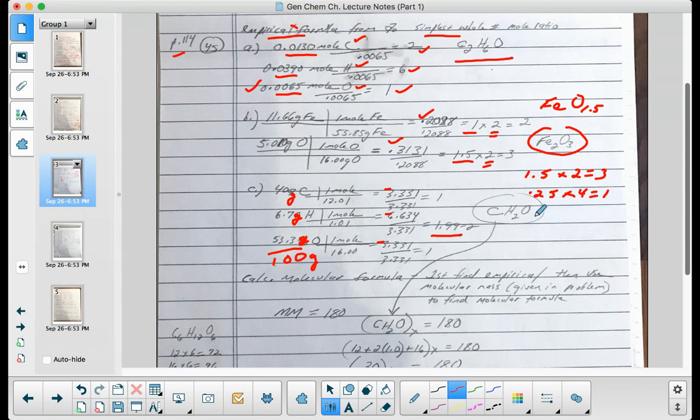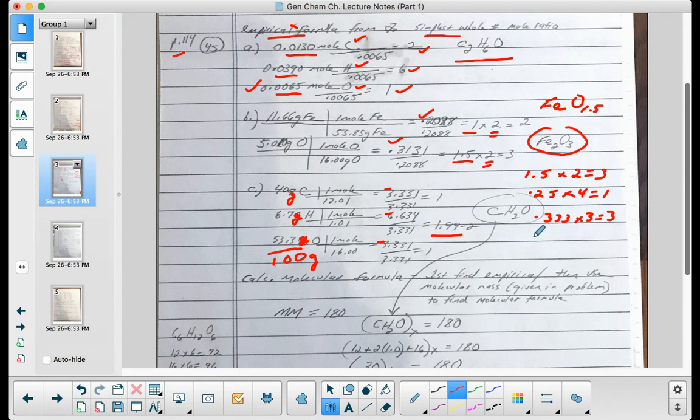If you have something like 0.333, if you just multiply that by 3, you would get a whole number. And so the idea is that you just pick a multiplier that's going to give you whole numbers for everything in your formula. And sometimes it just takes a little bit of trial and error, but most of them work out pretty neatly. You're not going to get ones that are too tricky.